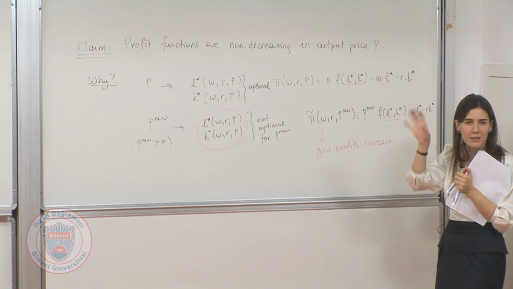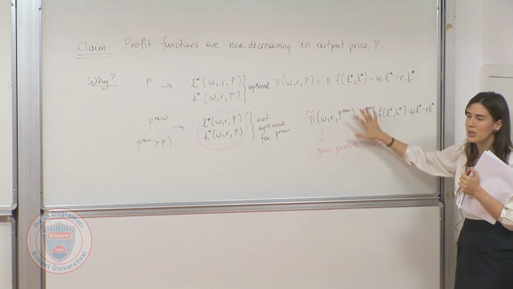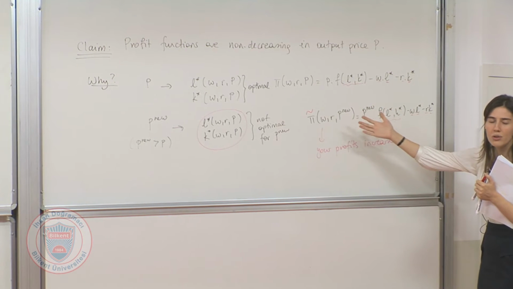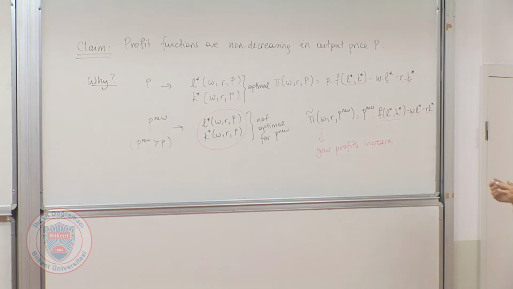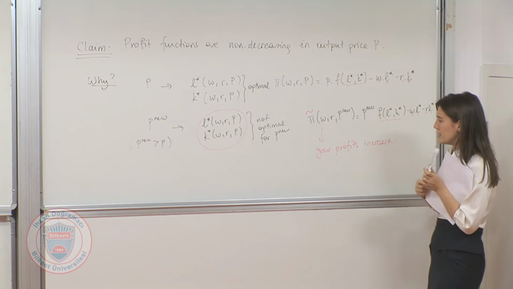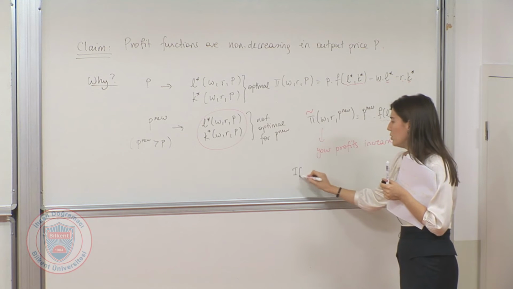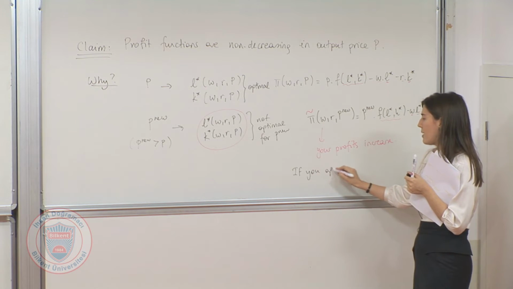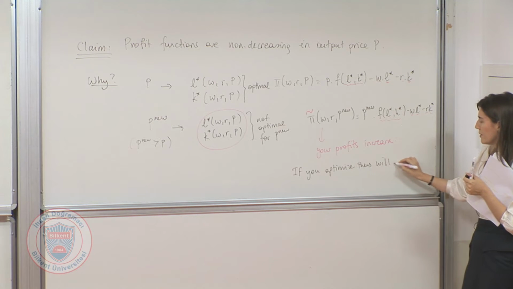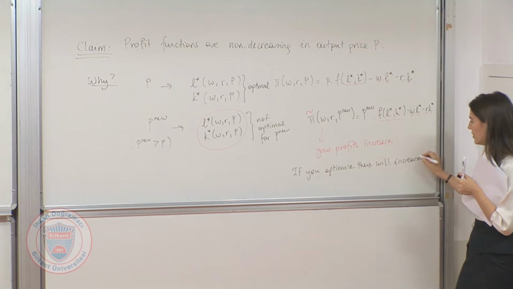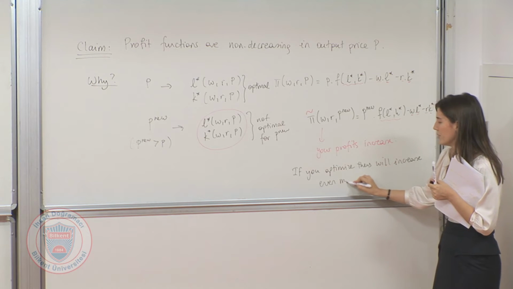So did you get the intuition? Although this is not a formal proof, the whole idea is this, okay? So basically your profits increase, and if you optimize, they will increase even further, even more, okay?